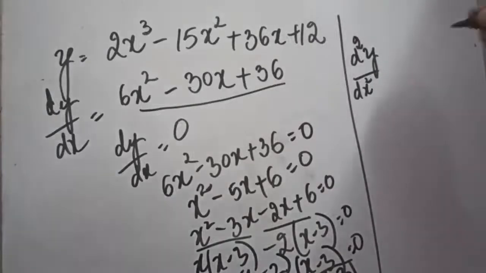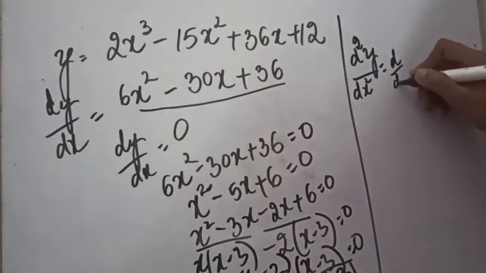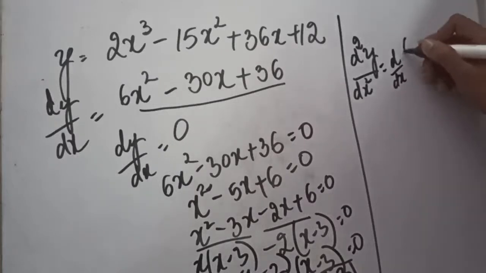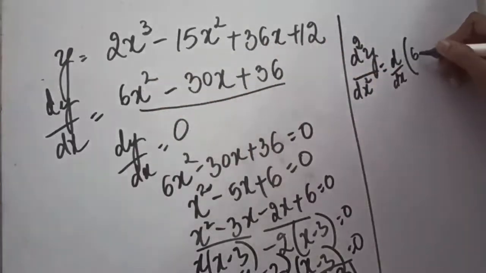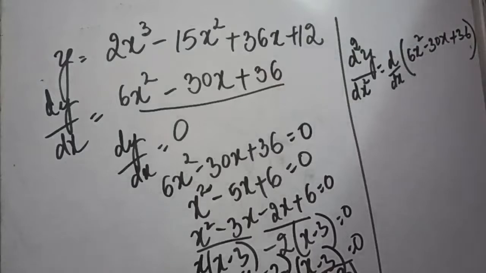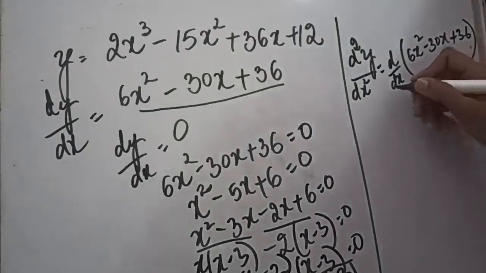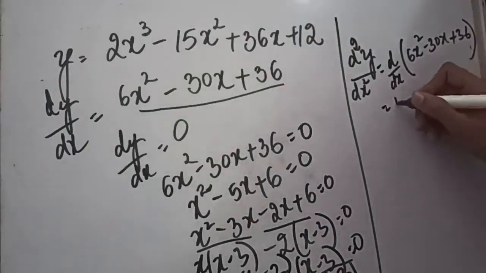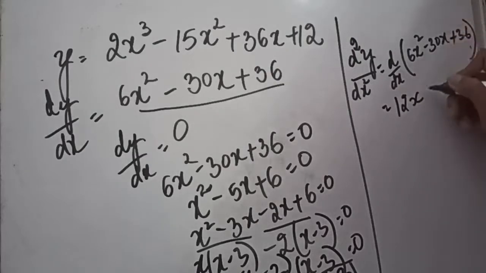Now we will calculate the derivative of 6x square minus 30x plus 36. It means the derivative that we got in step number 2, again its derivative will be taken. So if we again take the derivative, we will get 12x minus 30.